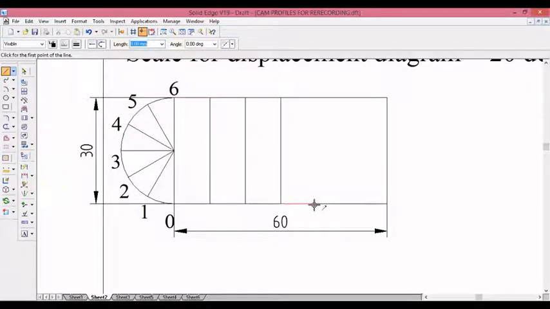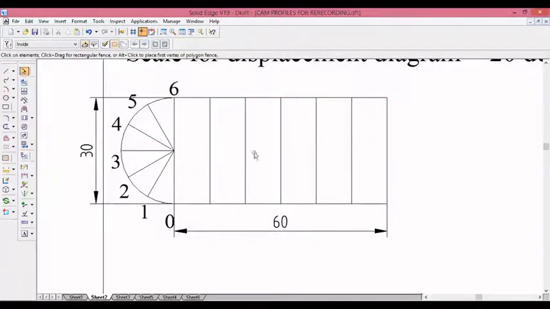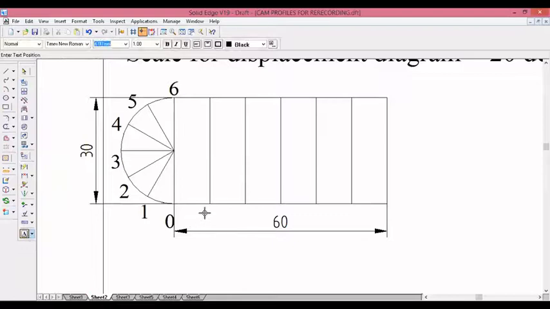Join this to the vertical line. We are dividing this rise box into 6 equal parts, 1, 2, 3, 4, 5, 6 divisions. So give the naming as you gave in the semicircle. So this is 1, this is 2, 3, 4, division 5, and division 6.